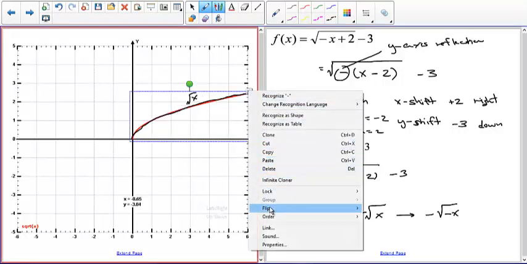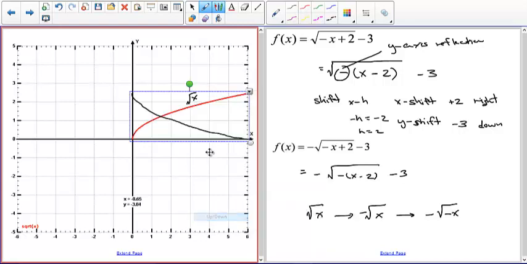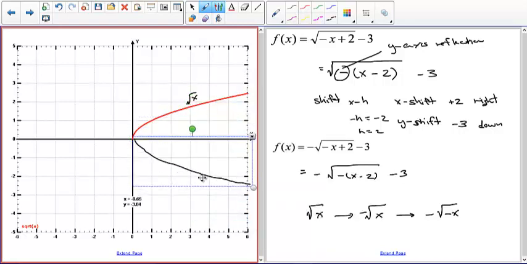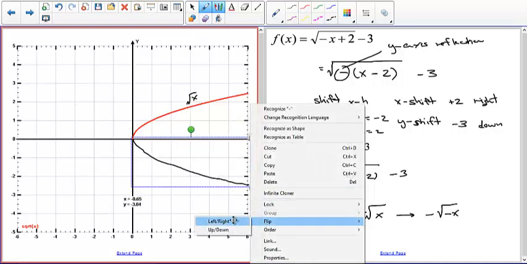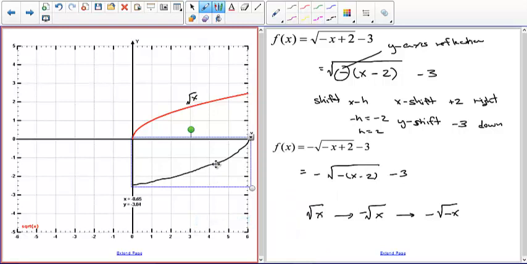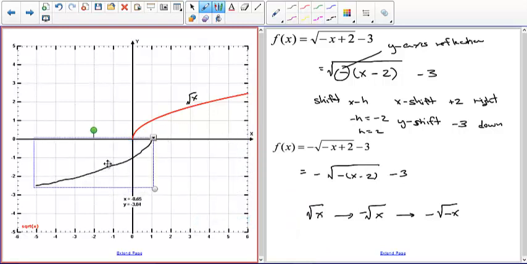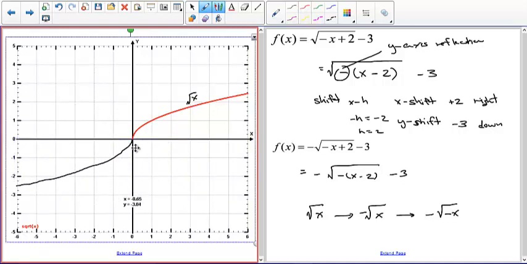We'll flip it vertically. So that's my x-axis reflection. Then I flip it left to right. That's my y-axis reflection, but again I bring the anchor point back. So that's negative the square root of negative x.